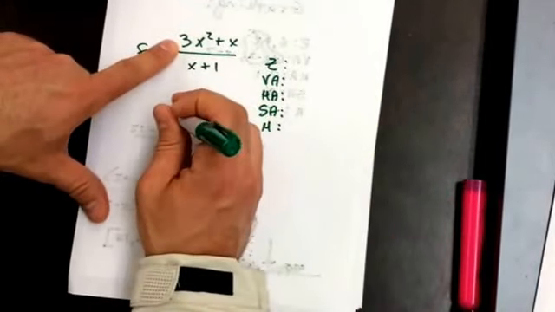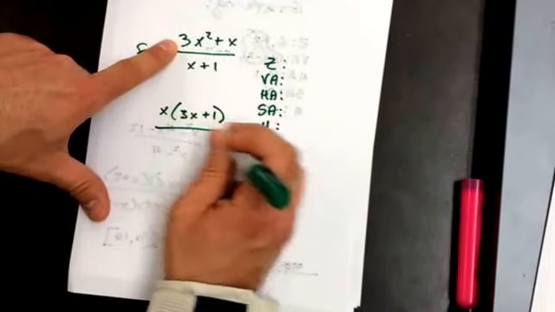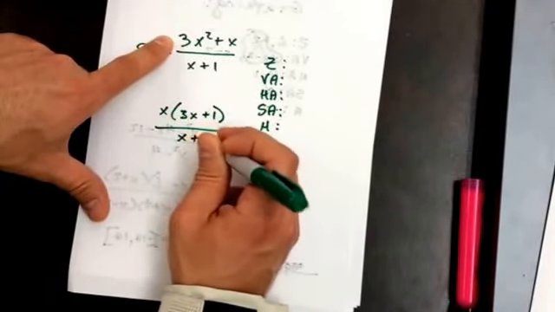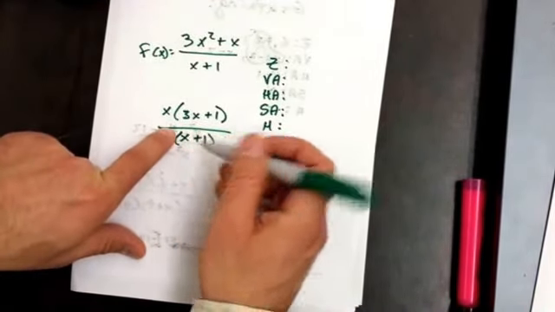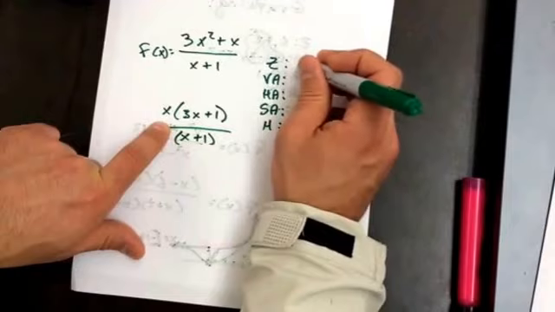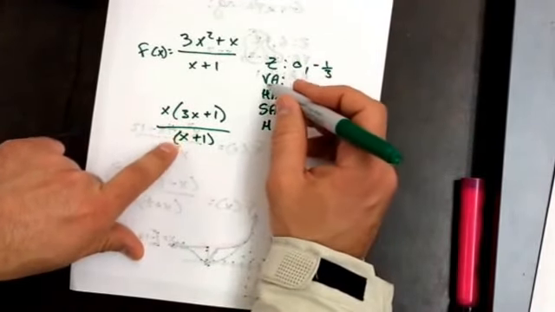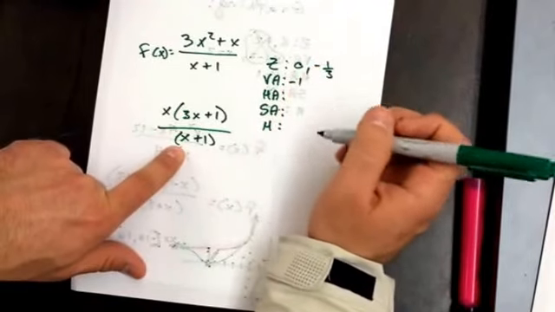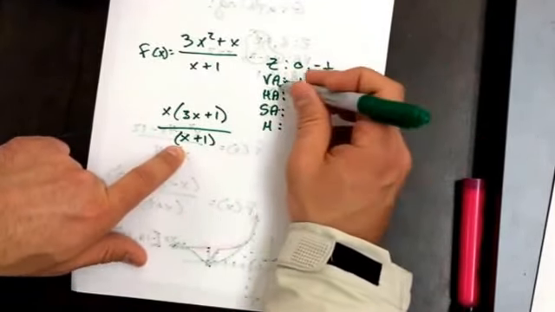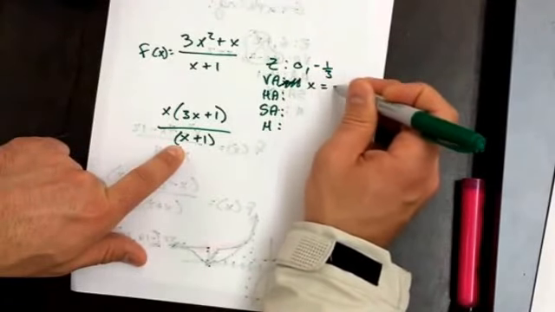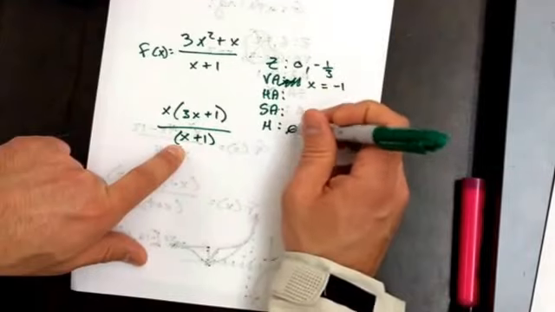What happens when I factor that out is it's going to be x and 3x plus 1. The bottom is just going to be x plus 1. So my zeros are going to be what makes the numerator equal to 0, which is going to be 0 and negative 1/3. My vertical asymptote is what makes the denominator equal to 0, and it needs to be x equals negative 1. There's no repeat, so that means that there is no hole.